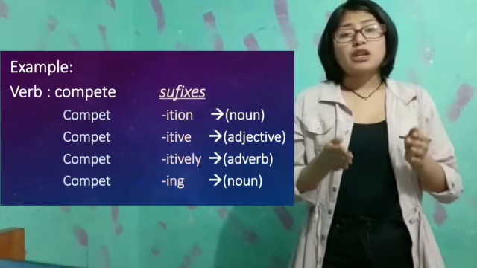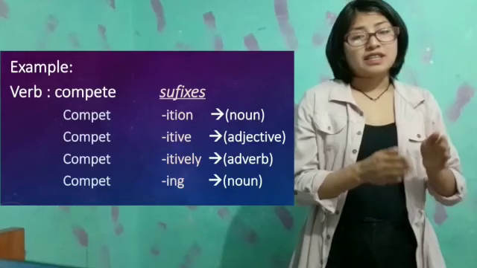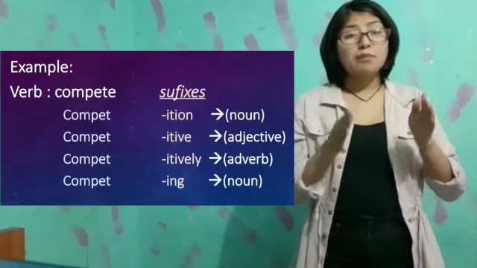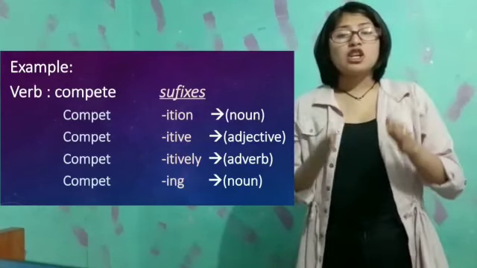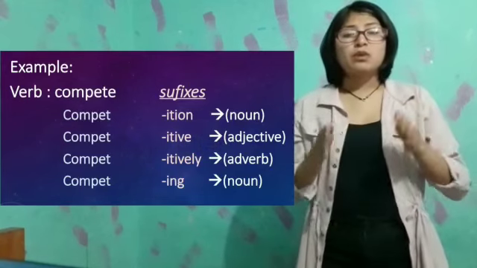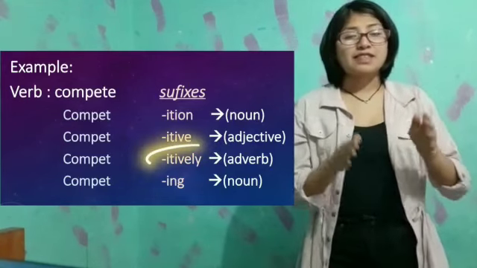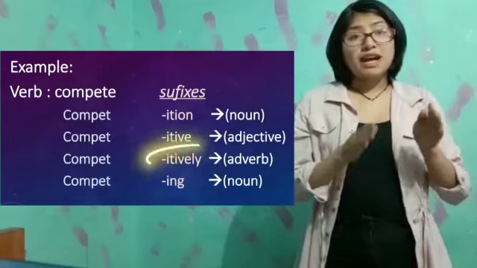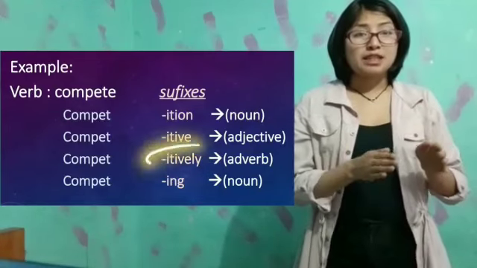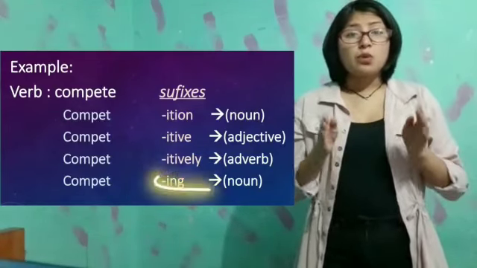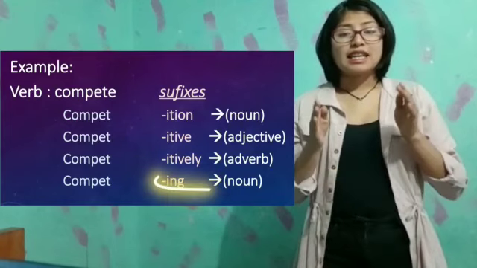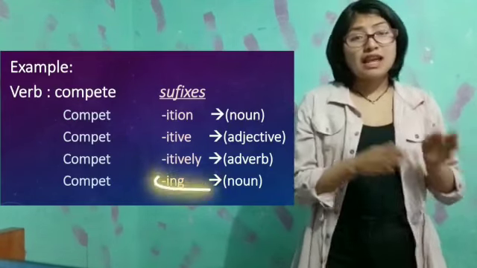And when we add the suffix itive, we form an adjective and it is competitive. When we add the suffix itively, we form an adverb and it is competitively. And when we add the suffix ing, we form a noun and it is competing.